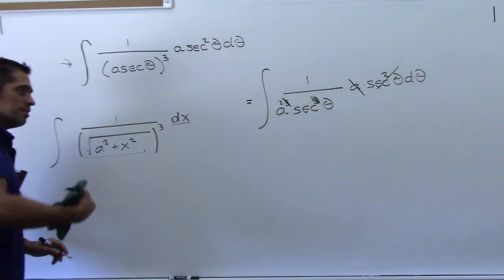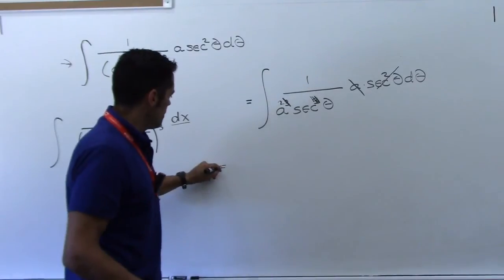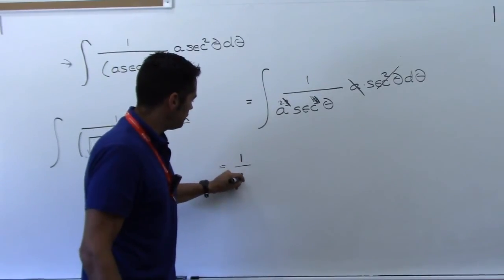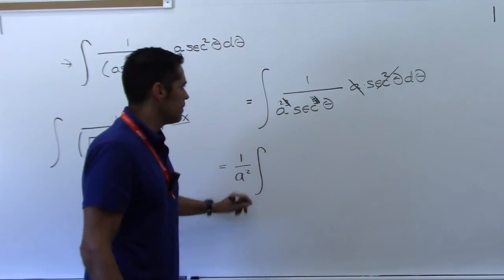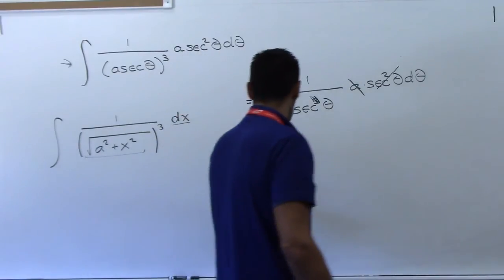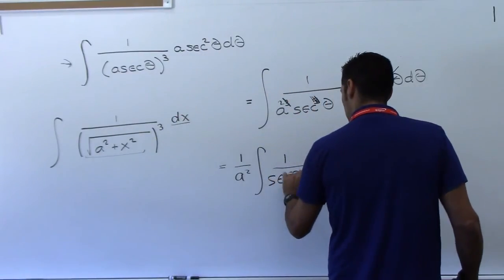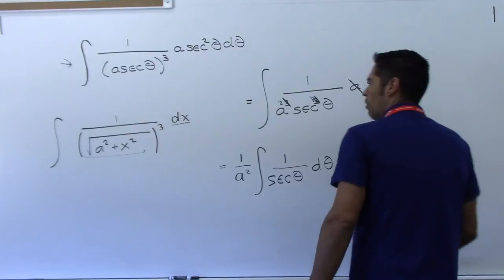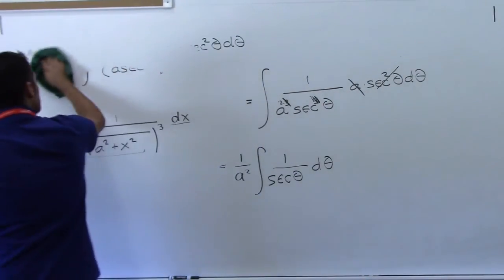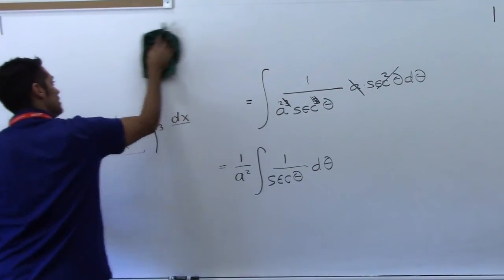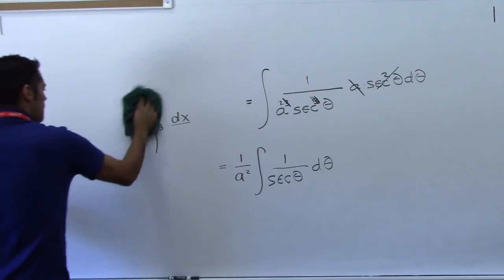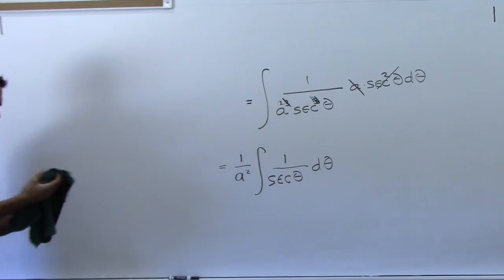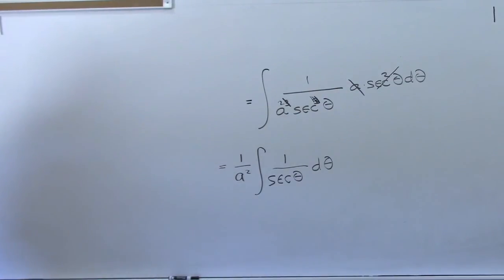So we'll pull 1 over a squared out. 1 over a squared integral of 1 over secant theta d theta. 1 over secant is cosine, right?